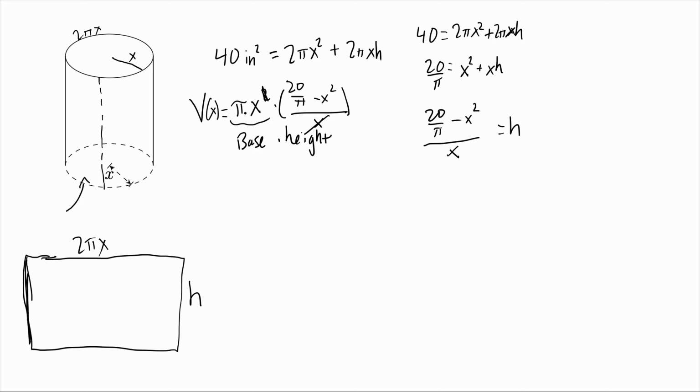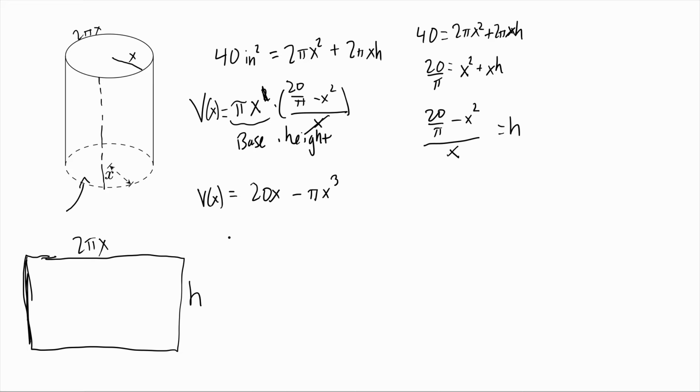The pi cancels in the first term, pi over pi, and then we get 20x. As this distributes to that part right there, we get minus pi x times x squared, so minus pi x cubed. We're just simplifying the form of the volume, so that's still the function.